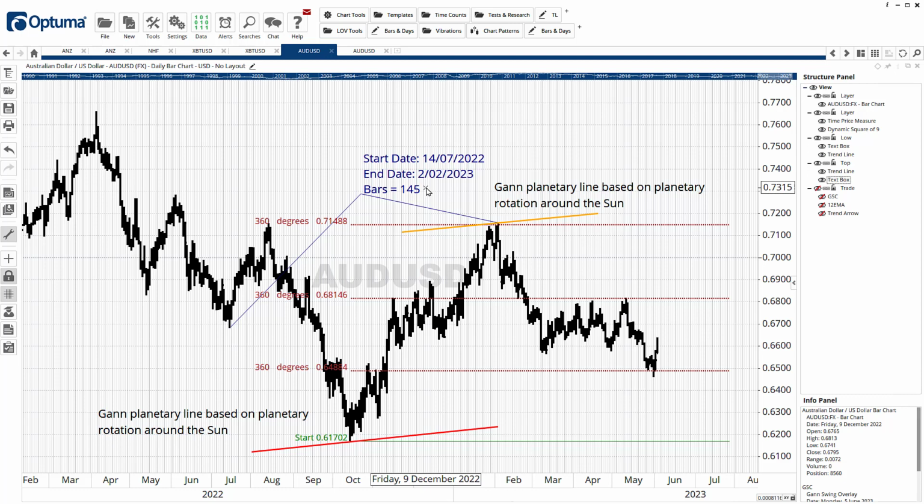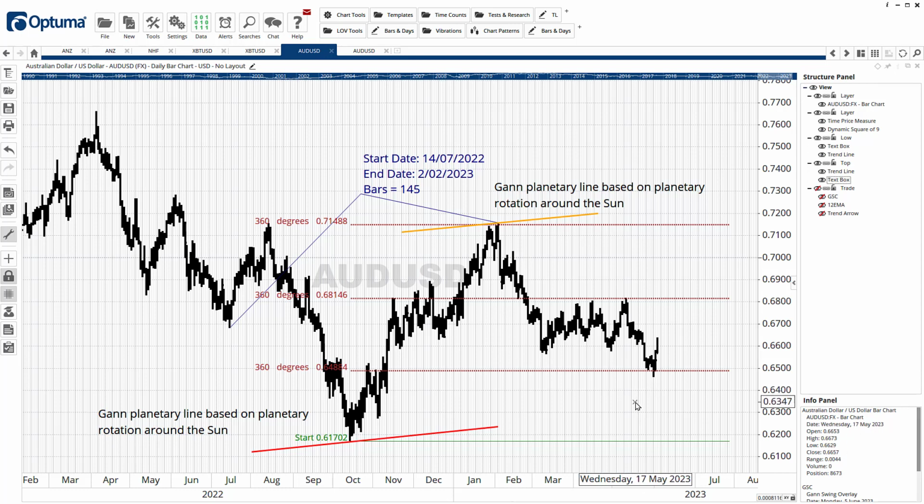We have a major time factor, and we also have a Gann planetary angle. And all of these things coming together are so significant, and you can see that far and away that was the last major top, just around 71.5, and it's traded almost 600 points lower than that, which is a fabulous profit for educated traders.